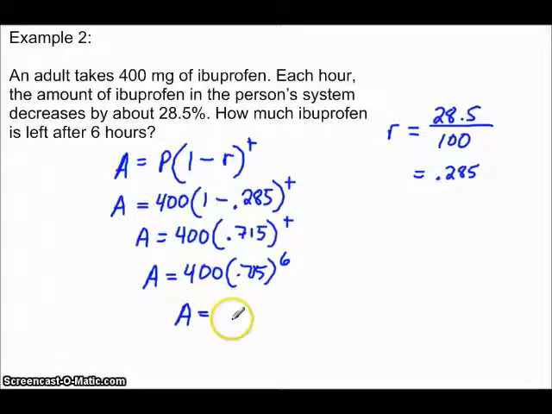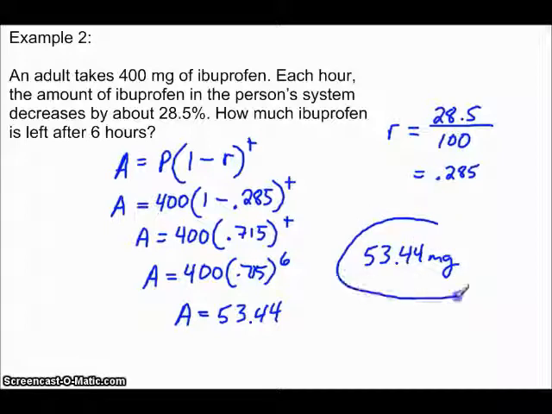And I'm just going to round it to 2 decimal places because it doesn't say what to round to in this case. So I'm just going to say it's 53.44. So my final answer, this is in milligrams of ibuprofen, it's going to be 53.44 milligrams. I don't know if you'd round to the nearest milligram. It's a pretty small unit, so you might want to, but it didn't say, so I'm just going to do that.